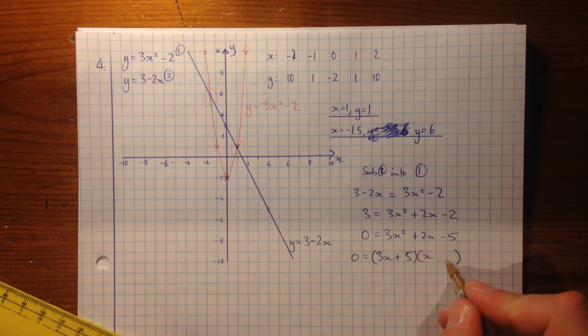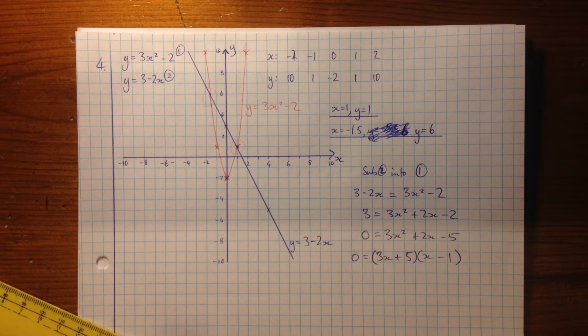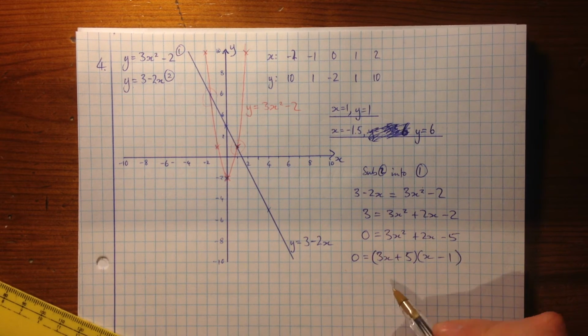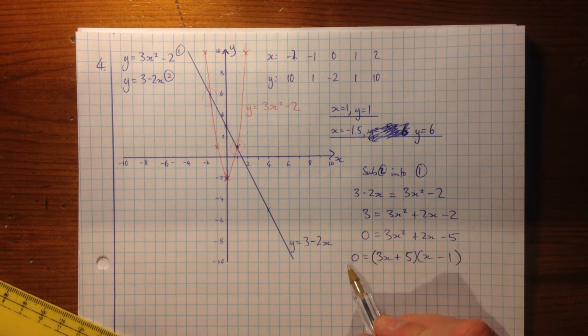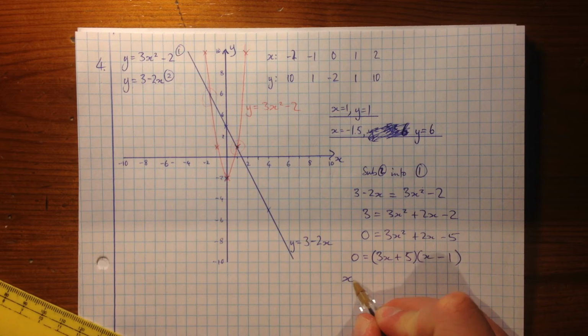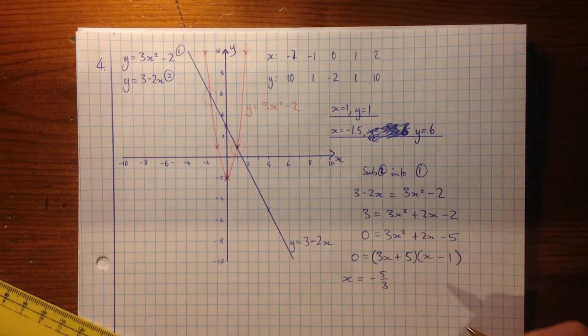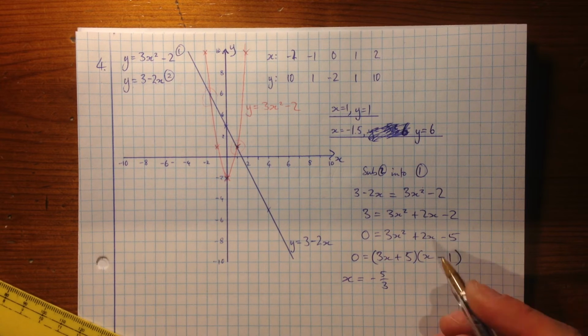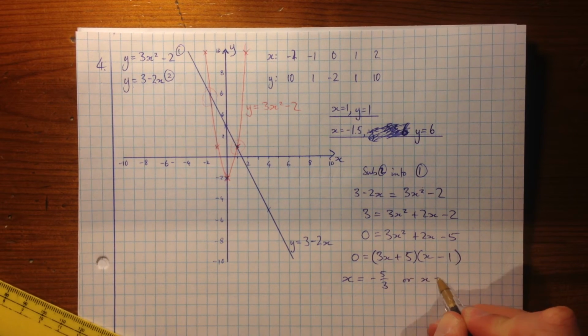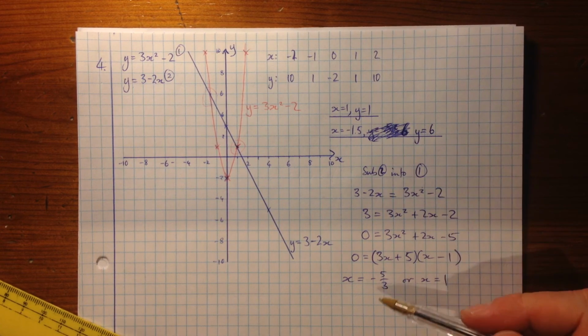So I'm going to say 5x minus 3x there. That factorizes correctly, so I've now got x equals minus 5 over 3, or x equals 1.